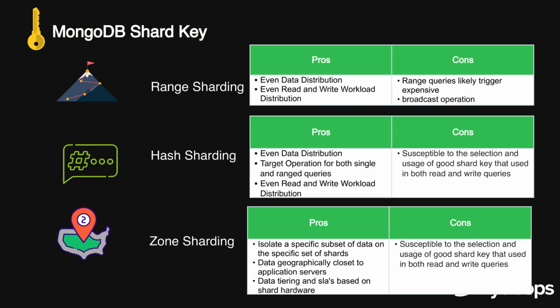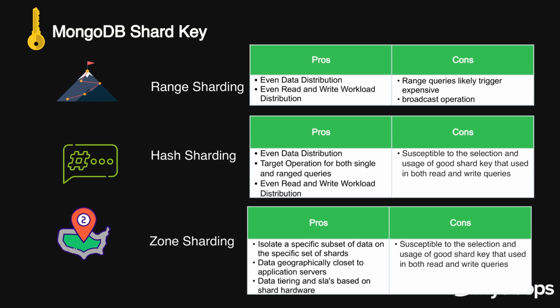If you are going for targeted operations, for example, I have a business agent and my business queries always fetch one agent's information, then go for hash. If I need to fetch data from this value to that value, use range. This kind of methodology you need to understand to decide the shard key.